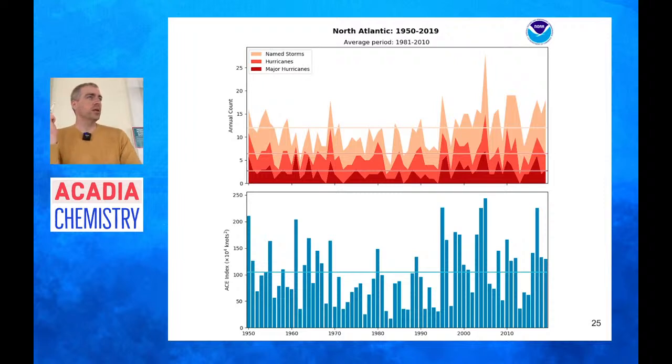Another feature that we think we're seeing, the data is very noisy, so it's hard to say definitively at this point. But there's an expectation that as the Earth increases in temperature, especially the surface temperatures of oceans, we're expecting to see a greater number and severity of things like tropical storms and hurricanes.